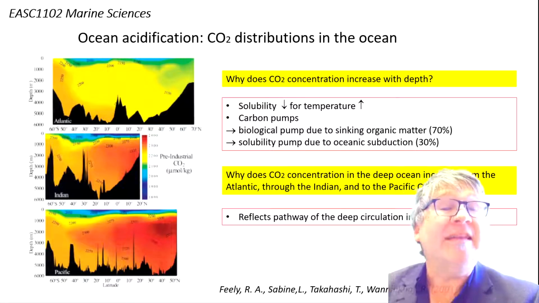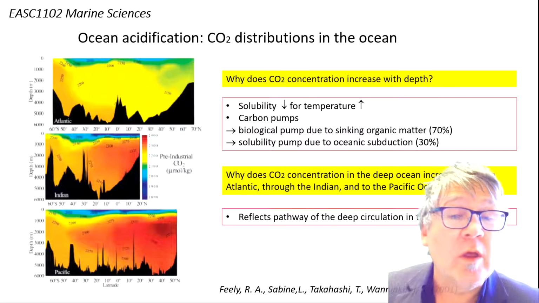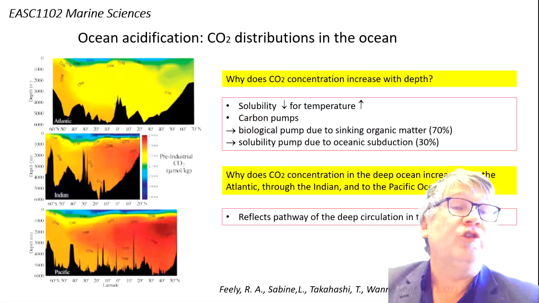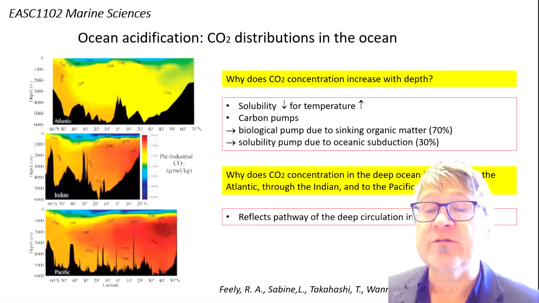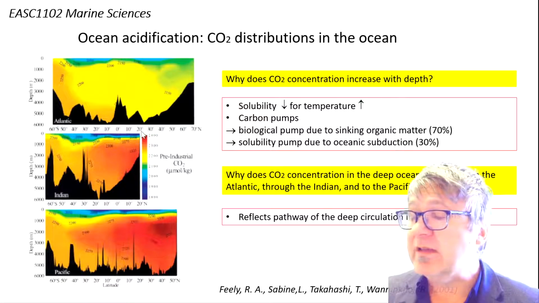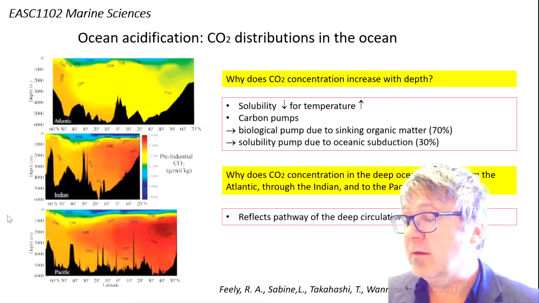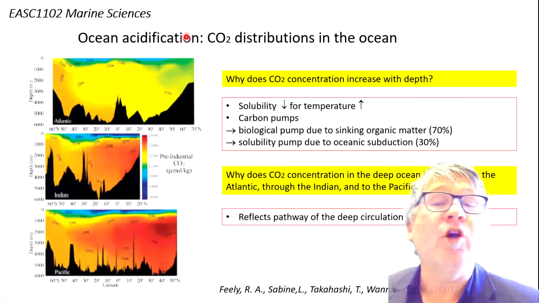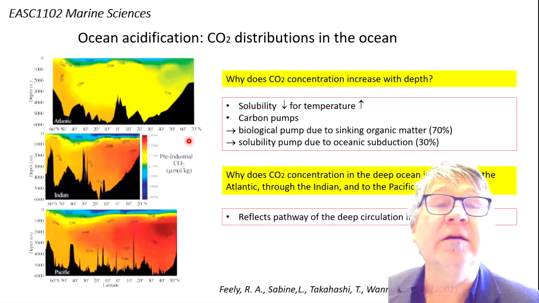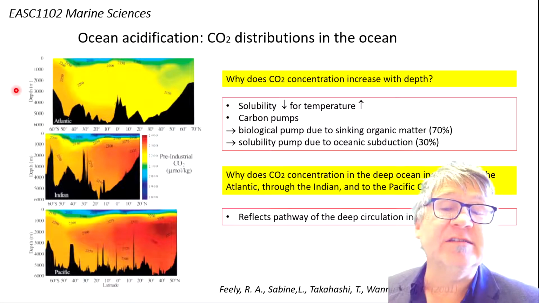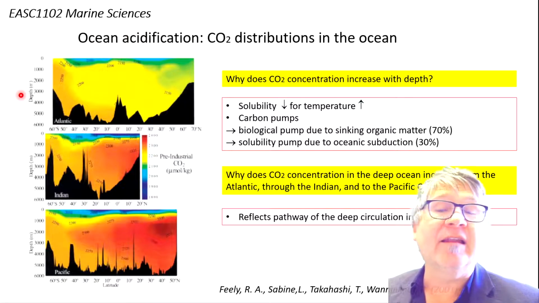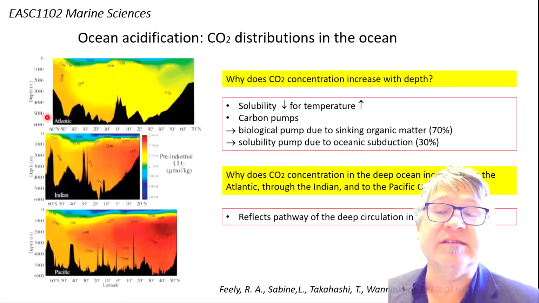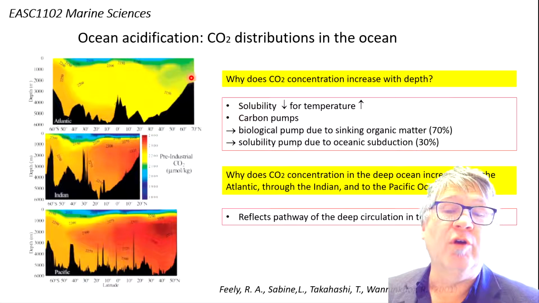The next slide shows you the additions of CO2 during the Industrial Revolution. So let's have a look. The top image shows you a vertical slice cutting through the Atlantic Ocean from the Southern Ocean here at 60 degrees south to the north.